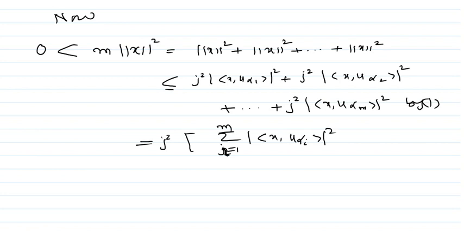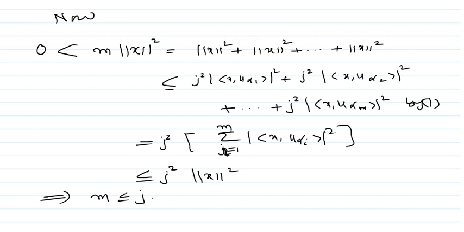Now from Bessel's inequality, this is less than or equal to j squared times norm x squared. Since norm x is not equal to 0, this means that m is less than or equal to j squared. You had assumed that Ej has m elements, and m is less than or equal to j squared.